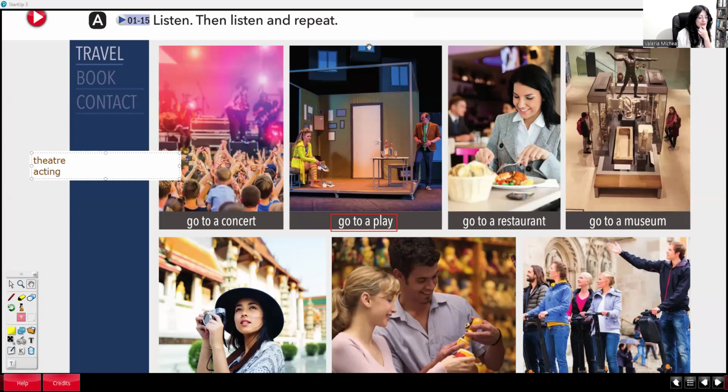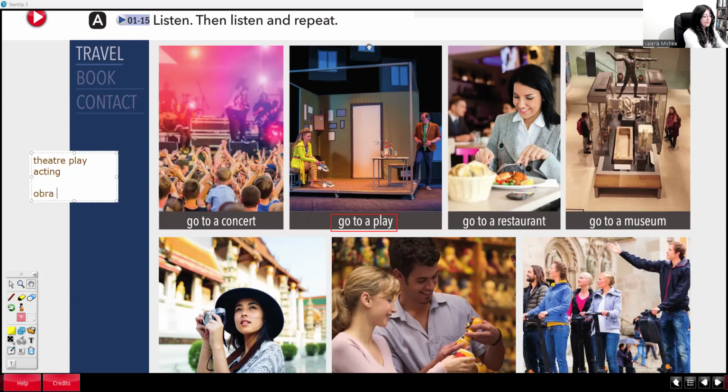How do we call that in Spanish? Does anybody know? Obra de teatro. There you go. Thank you very much, Anna. Yes, a theater play, then it's obra de teatro.